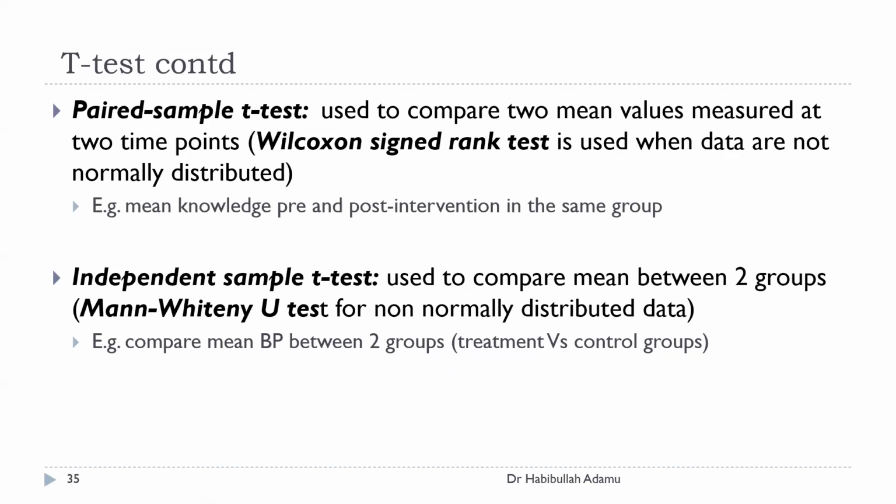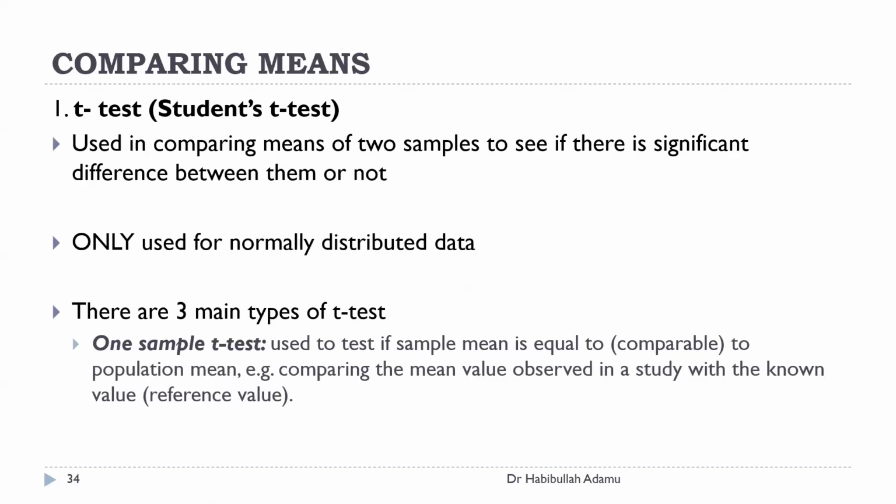So we said if you want to compare mean values, you have two broad options, and these options depend on whether you are dealing with two mean values or more than two. If the mean values are two, we said you use student t-test. Student t-test is of three types: the single sample t-test, paired t-test, and the independent t-test.